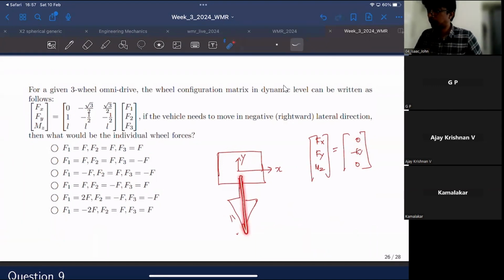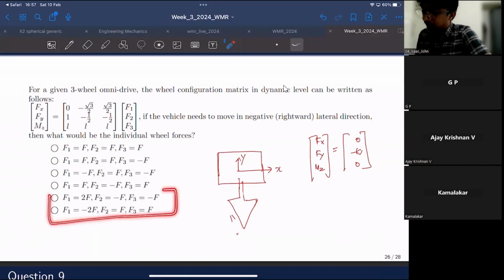It should only move in the lateral negative axis. So 0, minus 1, 0. So in that regard, what is the correct option? What will give you the correct choice? I think it should be either option E or option F.